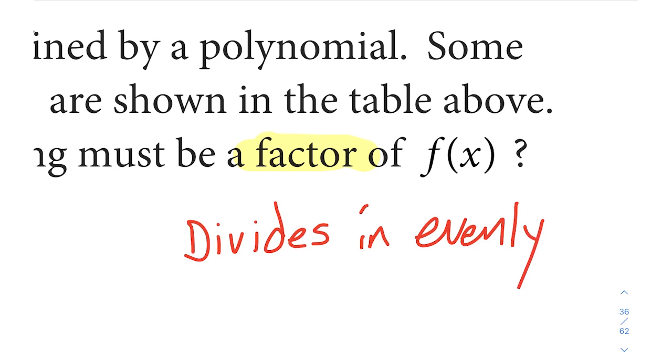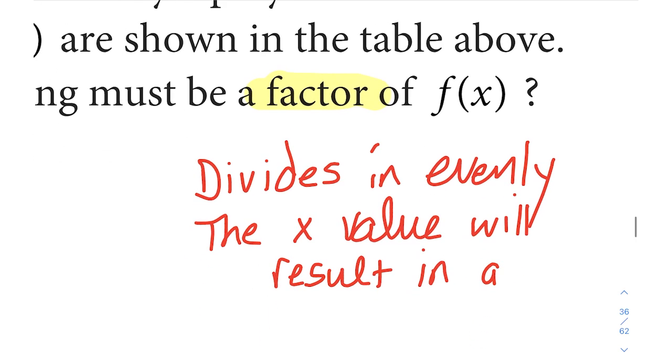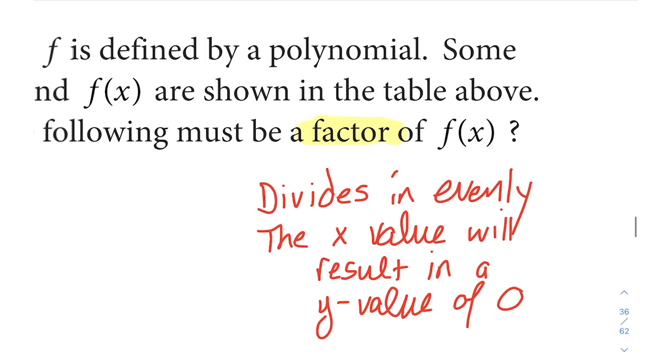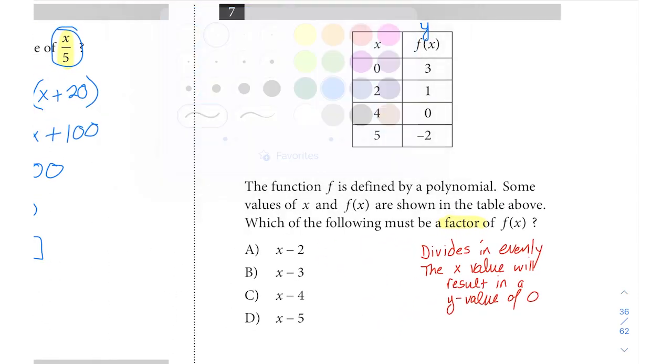And then the other way that we can think of it is if something is a factor, that means that the x value will result in a y value of 0. So all that means is that when you find the factor and you take that corresponding x value, then you would have a y value of 0.